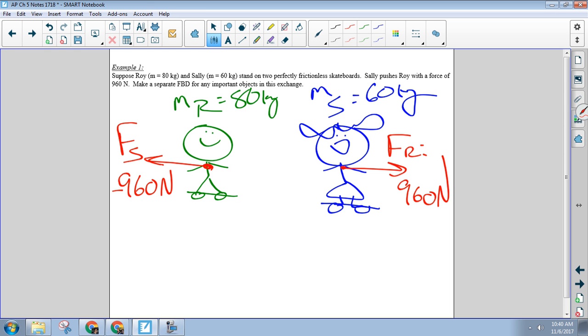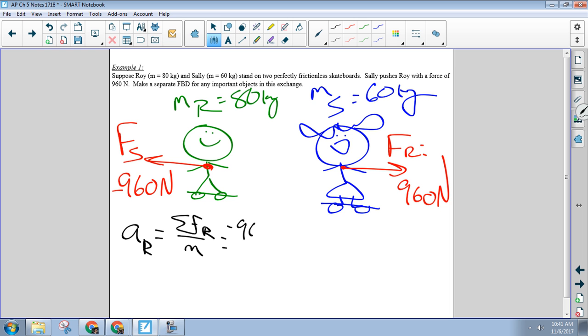Good? All right, so let's find our acceleration for each of them. Technically there are two other forces on Roy and Sally, but we don't have to worry about them. What are the other two forces I haven't drawn? Gravity and normal force. They're frictionless, so we don't need to worry about it. So the acceleration of Roy is the net force on Roy divided by his mass.